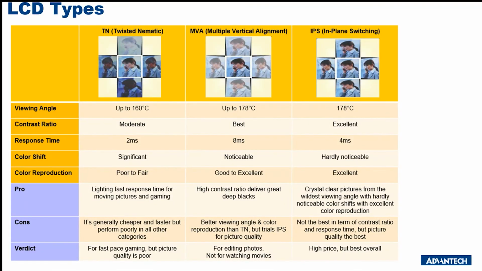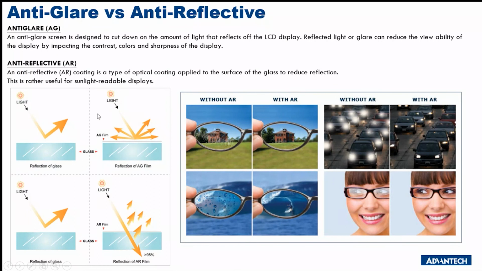If you get MVA, multiple vertical alignment, you can see more angle, but not as good as IPS. IPS is in-plane switching. With IPS, the response time is also faster, so this is another way to see the LCD types. For anti-glare, the sunlight on the screen is diffused so the light doesn't feel too bright.